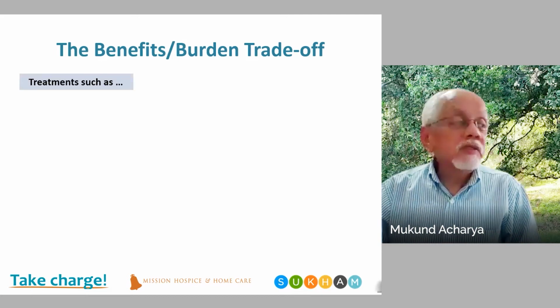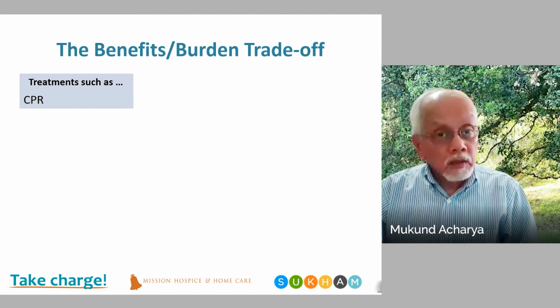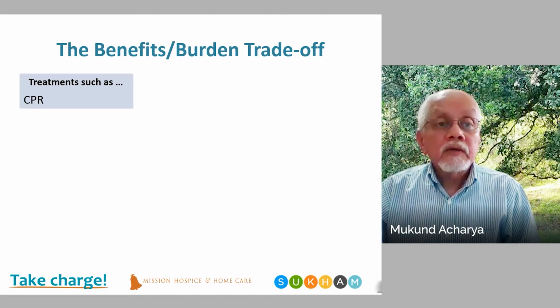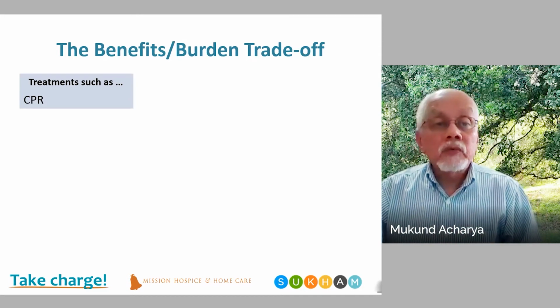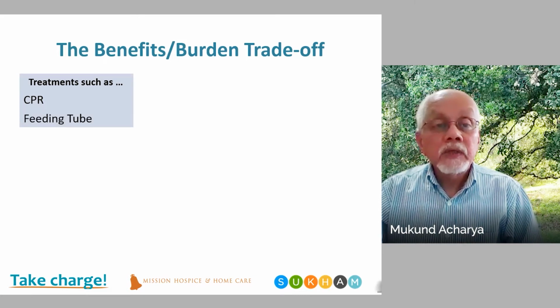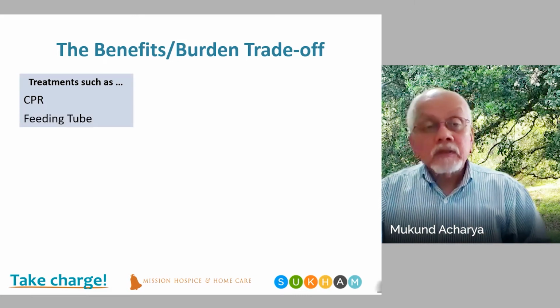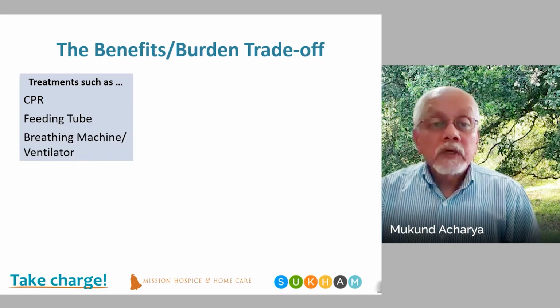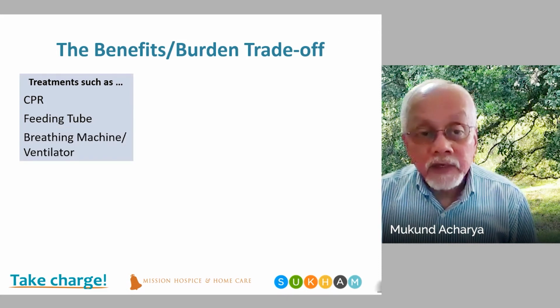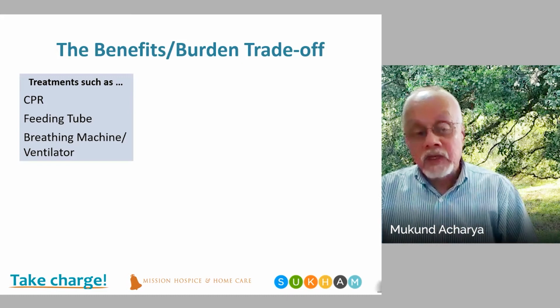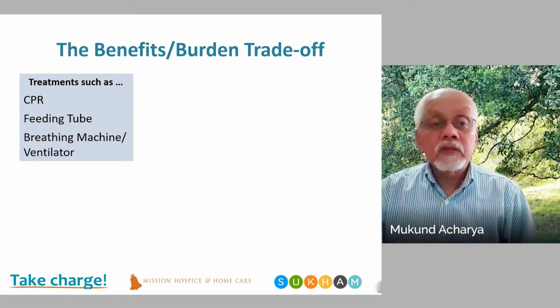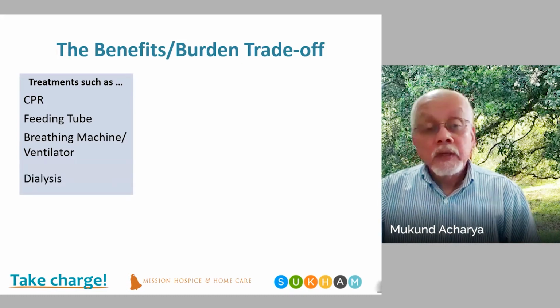We have treatments such as CPR, resuscitation when the heart is stopped, when the breathing is stopped, feeding tube that Niluji described, ventilator breathing machine, which in this day of COVID, we all hear about a lot, right?